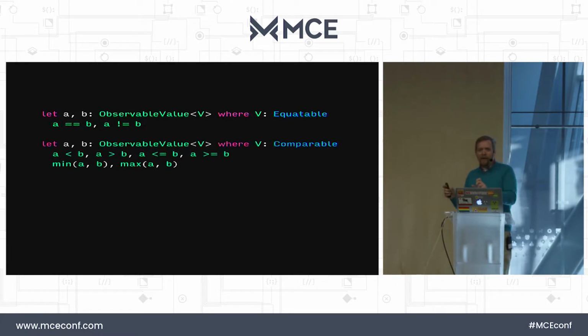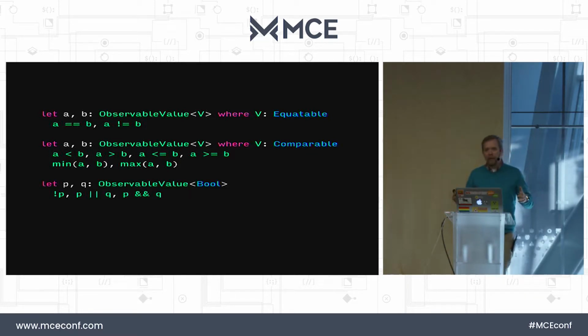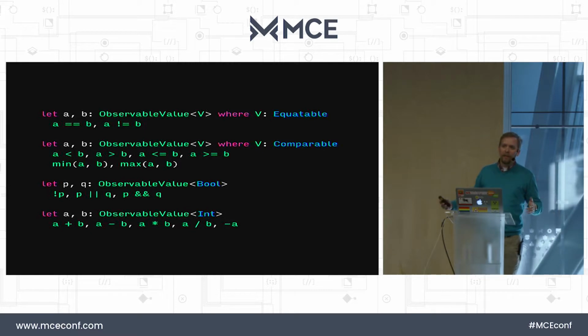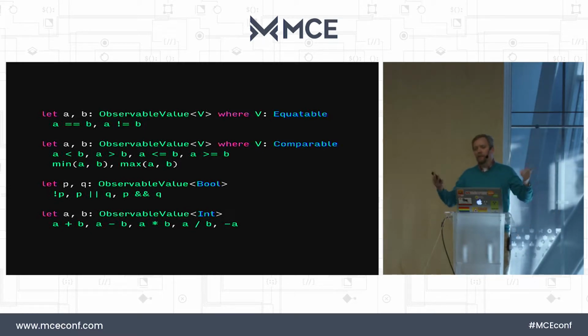If you have two comparable values, we can define the observable comparison operators and the observable minimum and maximum function as well. If you have two observable Booleans, we can define the Boolean operators. If we have integers, floating point numbers, what have you, every operation we do, we can lift to work on observables instead.